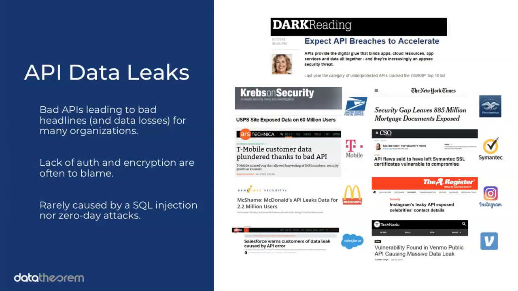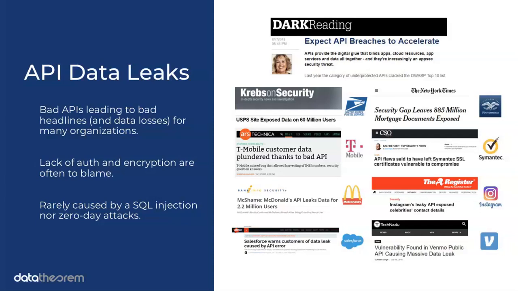And these companies have invested incredible amounts in gateways and firewalls. It's not like these companies don't invest in security. They do a lot of investment in security. But the issue is the investment in many ways is the wrong kind of investment for the future of these new kinds of APIs. And if you really do some post-mortem analysis on some of these data breaches, it's almost never a SQL injection or a fuzzing or cross-site scripting attack or some type of extremely exotic zero-day.